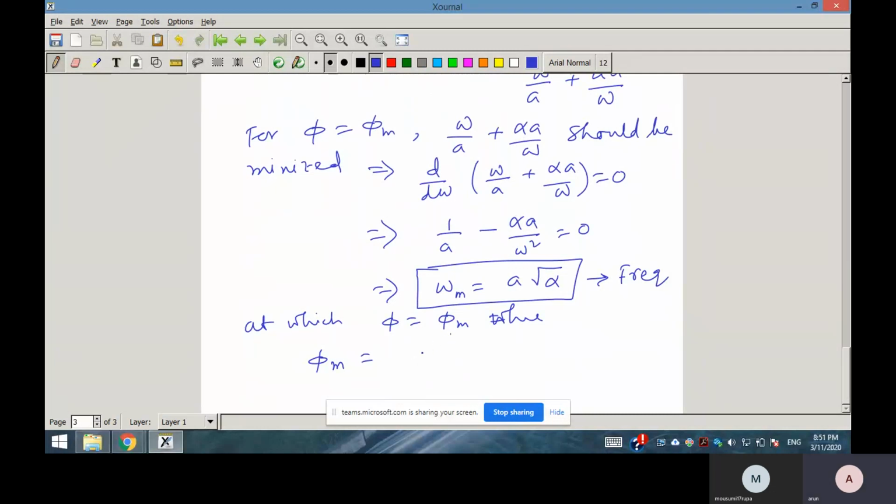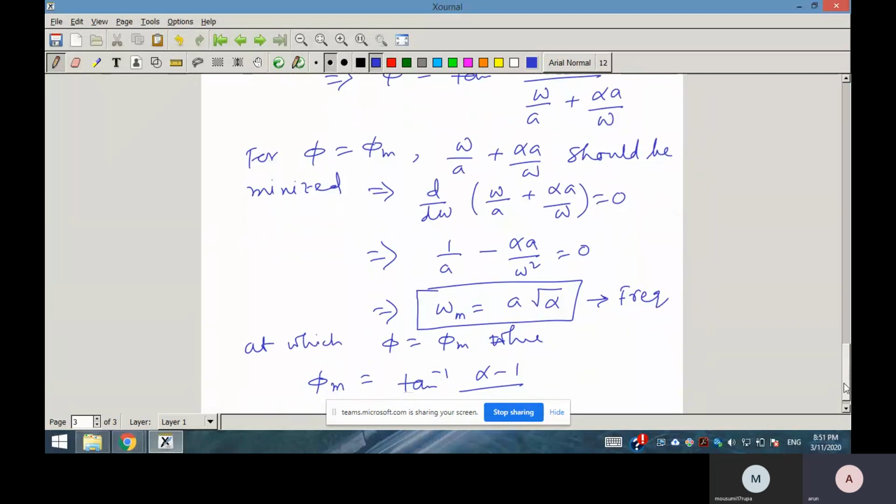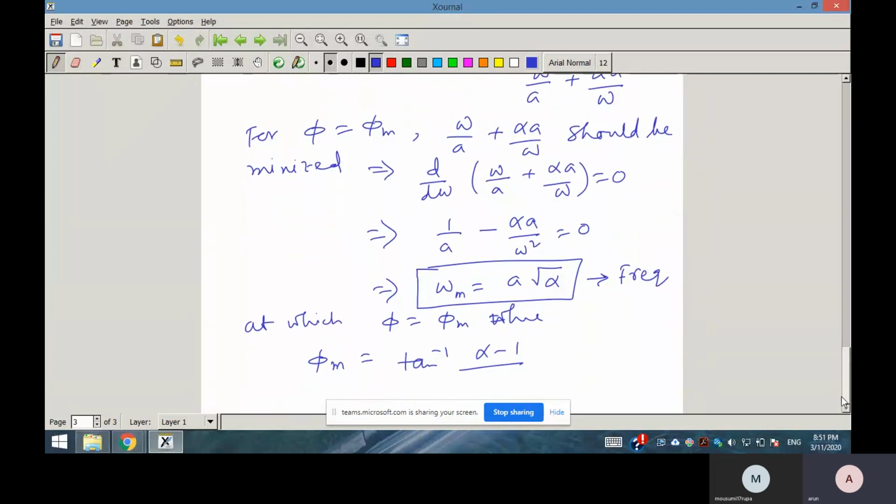How much maximum phase will you get? Phi m equals tan inverse of (alpha minus 1) divided by, if you put omega equal to omega m, this will be root alpha plus root alpha, so it will be (alpha minus 1) by (2 root alpha).